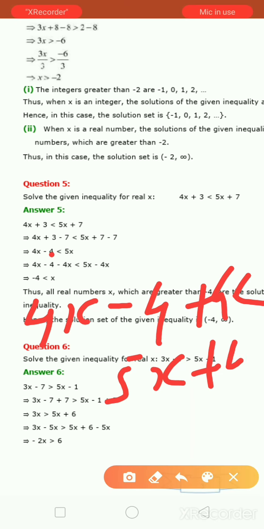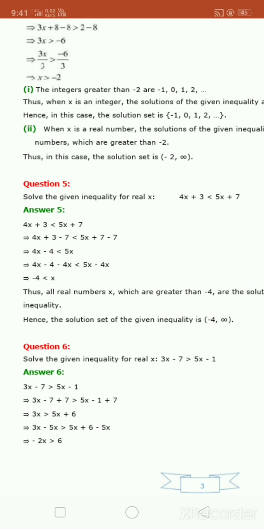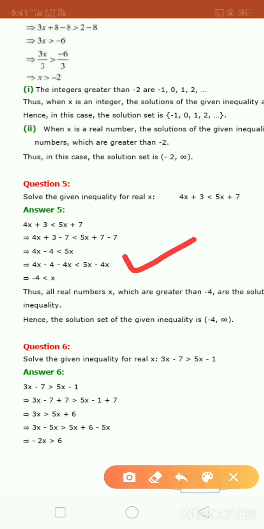The 5x plus 4 you can remove here, and what happens to here will have the same value. 4x minus 5x will give minus x is less than 4. Anyway, you can simplify this. So the solution set, you will get minus 4 comma infinity.